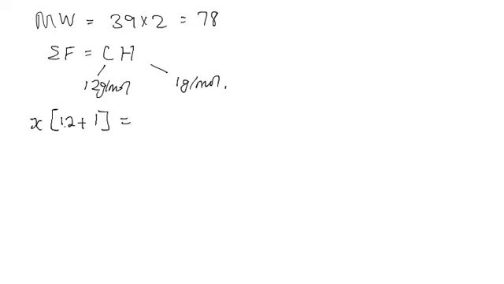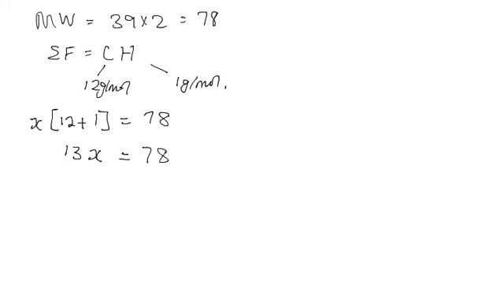Then when you multiply that value of x with your respective masses, it's supposed to give you 78. So here when you add 12 and 1, it will give you 13. When you multiply by your value of x, it's 13x, which will give you equal to 78.